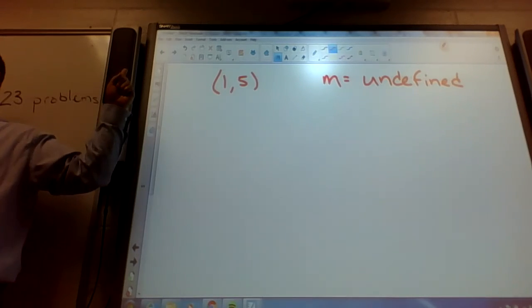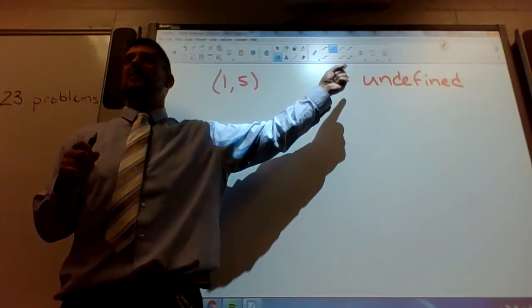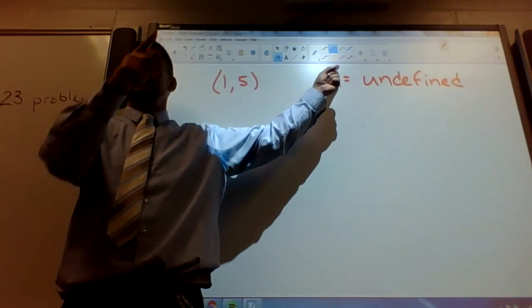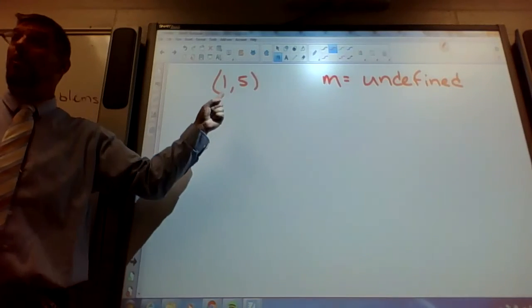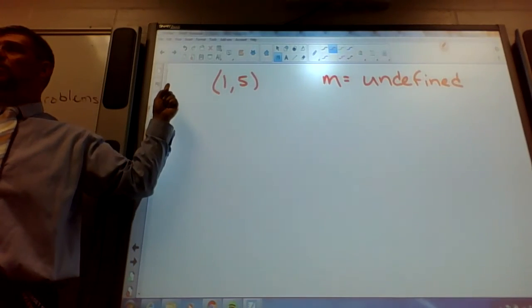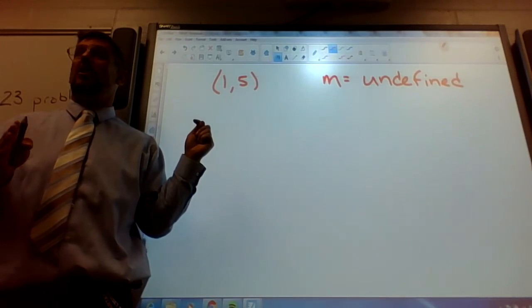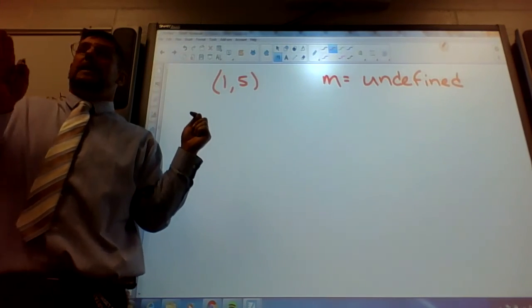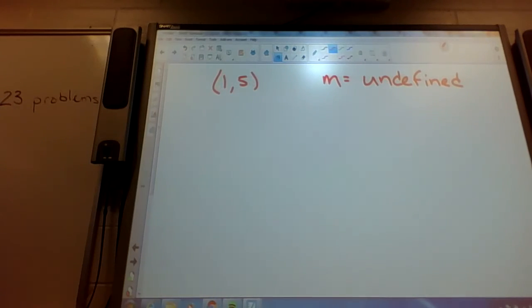No. Remember, this line, because it has an undefined slope, it is what, Alex? 1, 2. 1, 2 is a point. Why does 1, 2 work? What kind of line is this? Vertical, which means the what is always the same? The X is always the same, right?